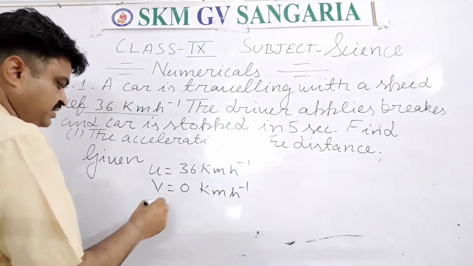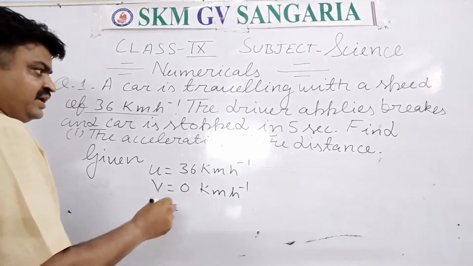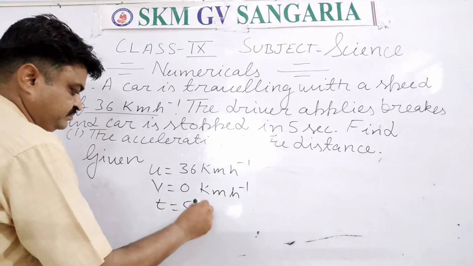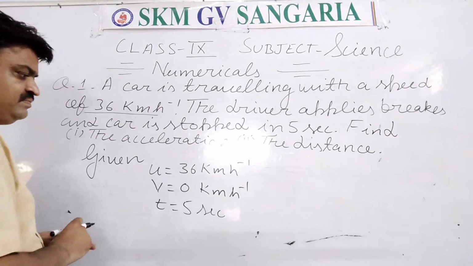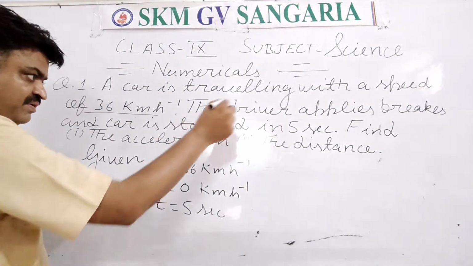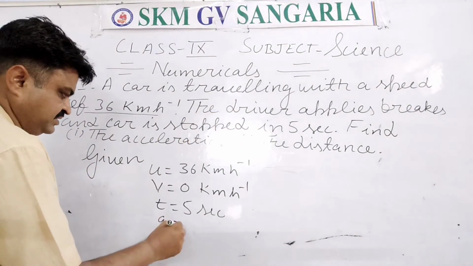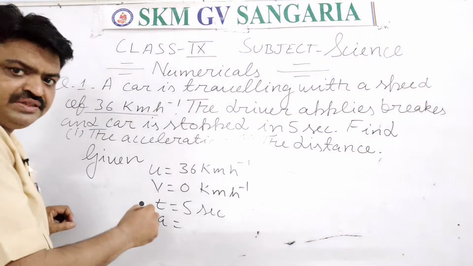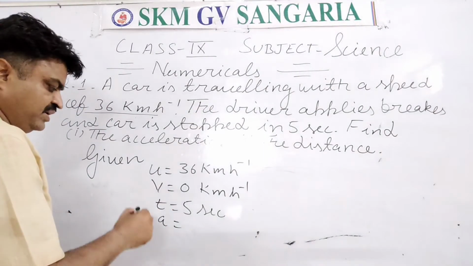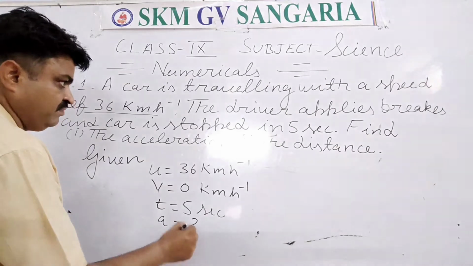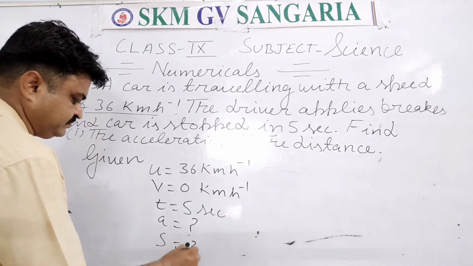Now the time is given. What is the time here? It is 5 seconds, so you write 5 seconds here. And what will we try to find out? Acceleration, and with the acceleration we will also try to find out the distance s.